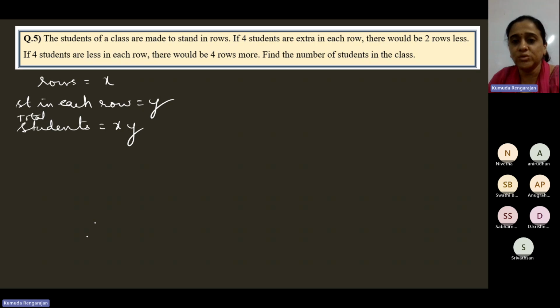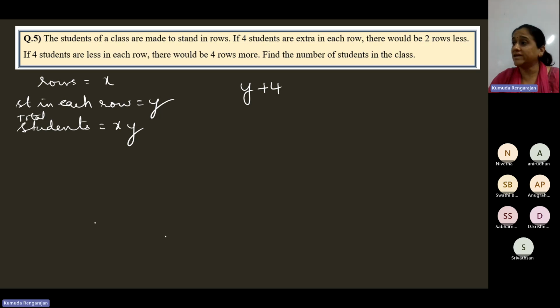If 4 students are extra in each row, how many students are there actually in each row? Y. If there are 4 more students, so Y plus 4.